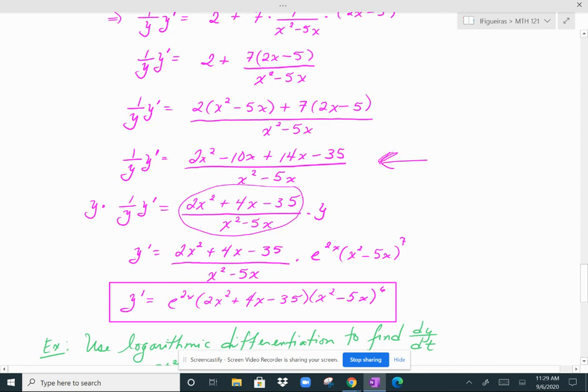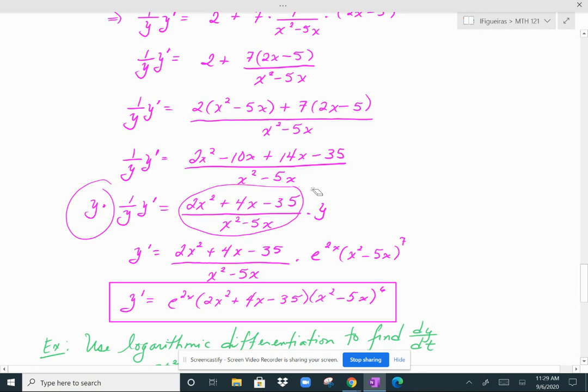Okay, but now I'm also interested in solving for y prime. So to solve for y prime, I'm going to have to multiply the left side and the right side by y so that they cancel on the left and I have y prime alone. So I did that.